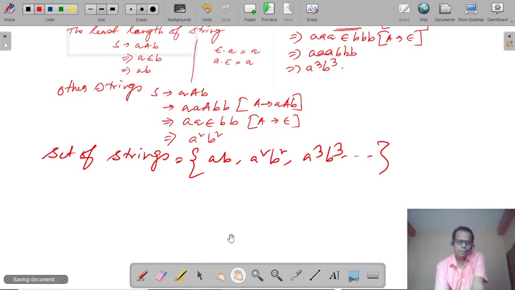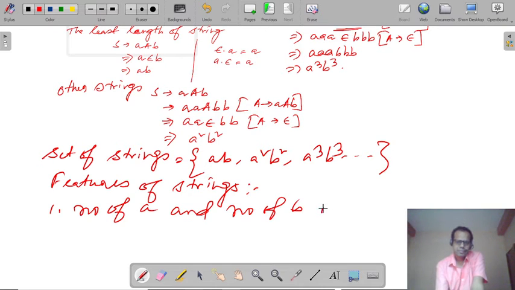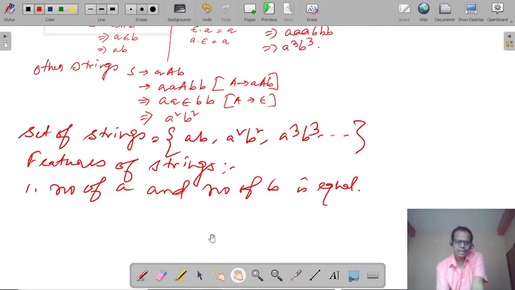The features of the strings: the number of a's and the number of b's is equal.